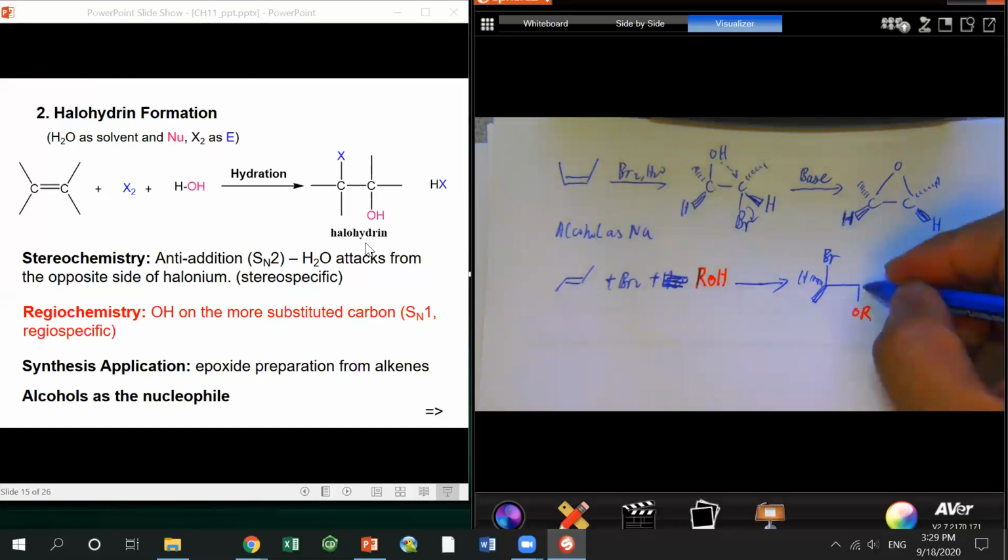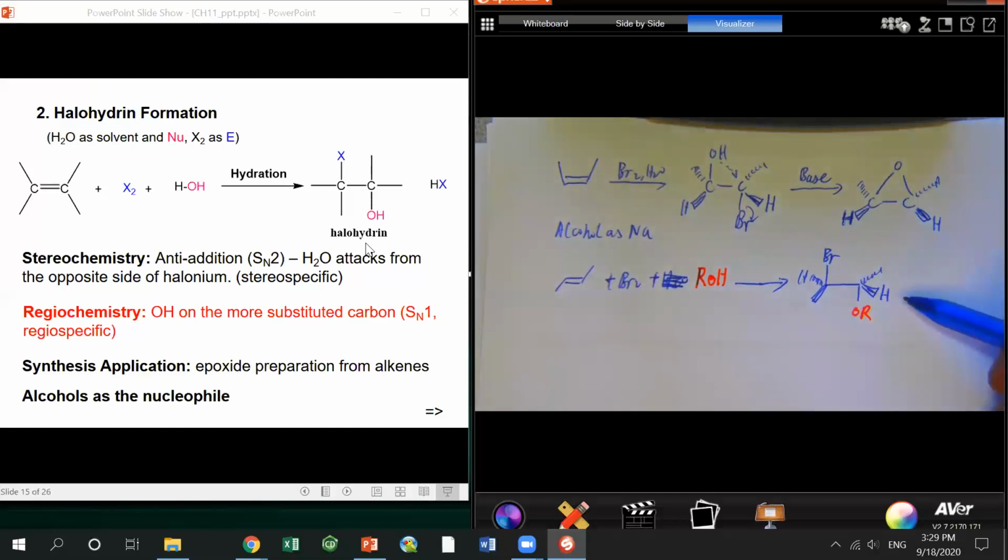Hydrogen, methyl, hydrogen. Because this is a symmetrical alkene, it doesn't matter where OR or Br goes. So you can also add OR onto the other carbon. In this case, we can generate the enantiomer.